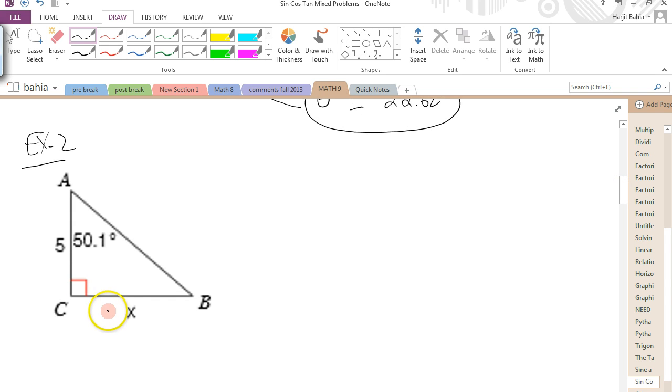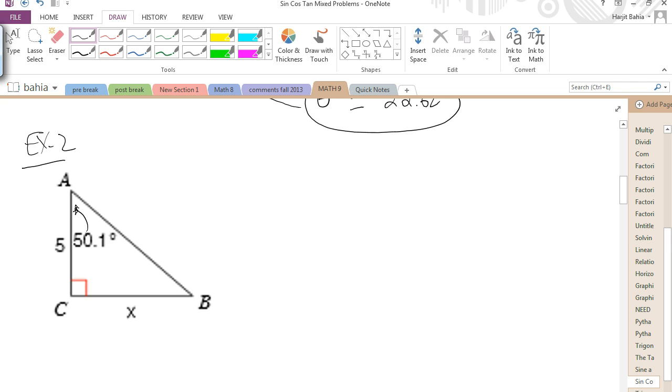Here we need to find this unknown length side of this triangle. And we're told this angle, which we always are, that's always 90, that little boxy thing. We know that's 50.1. That 50.1 should fit right in there, but it was just too big, so that's why they had to move it out.